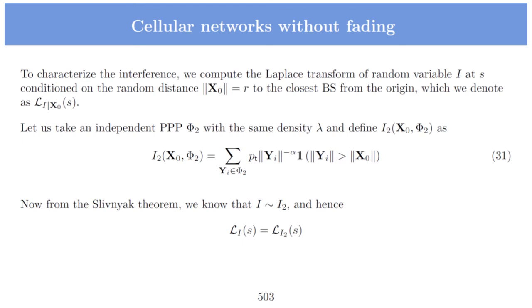So the interference from this new PPP, denoted by I2, has the same distribution as I. So the Laplace transform will also be the same. So we can apply the Laplace transform of I2. Just remember there is no fading HI in between. But we will find the Laplace transform can be very similarly computed as in the previous case.